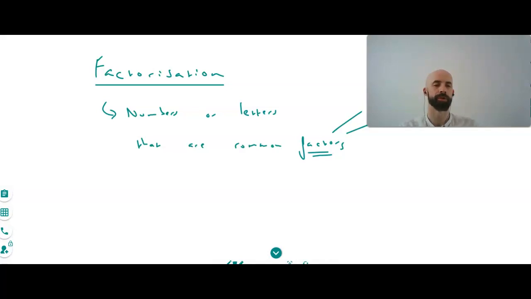So let's do it first of all numerically. We did this example earlier on. When we're factorizing, effectively we're putting in brackets. Before, we've done multiplying out brackets; here we're actually putting brackets in. Let's have a look at what this means.